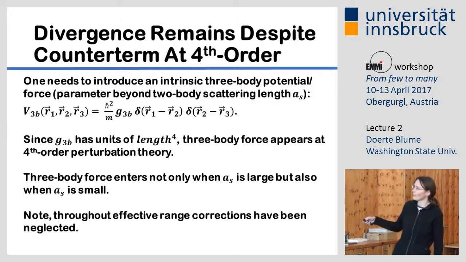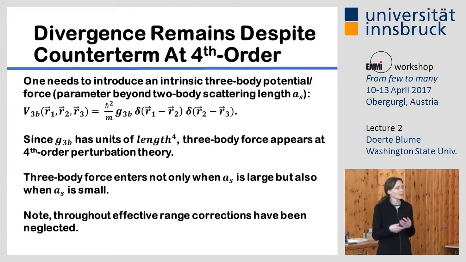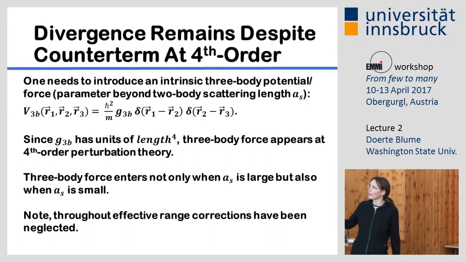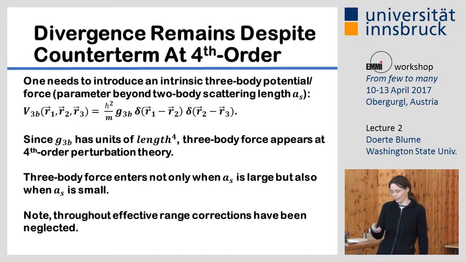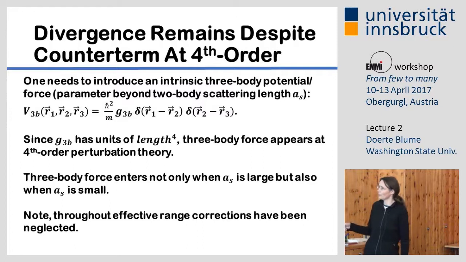You can see fairly easily that this should come in at fourth order, because if you analyze the units here, you see that the delta function has units of 1 over length cubed. This one has units of length over 1 over length cubed. And so this means that this coupling constant G_3b that I define must have units of length to the 4, and that's exactly fourth order perturbation theory.